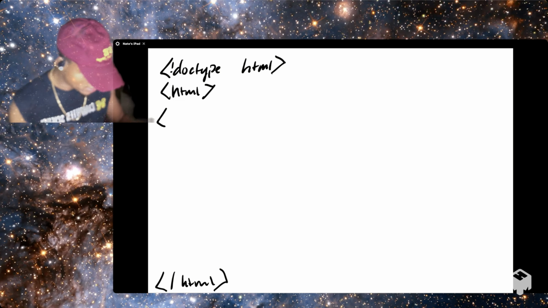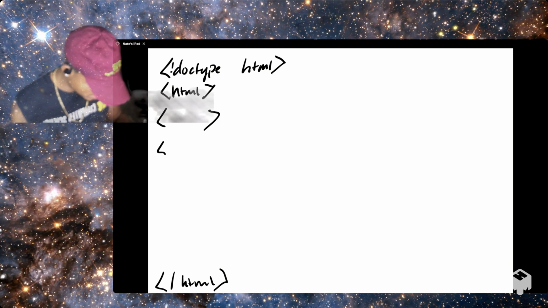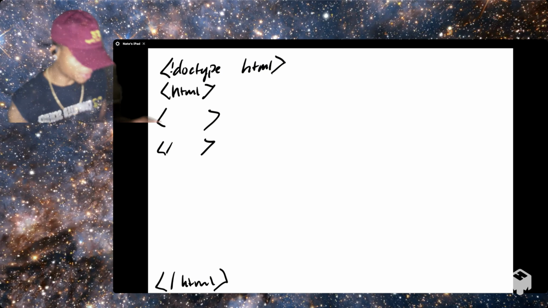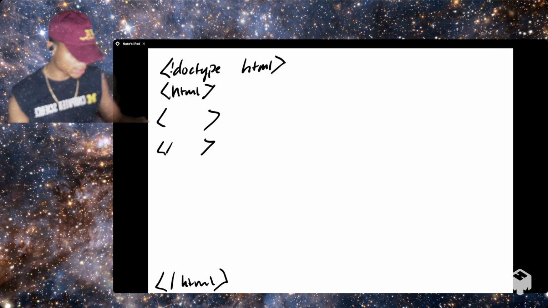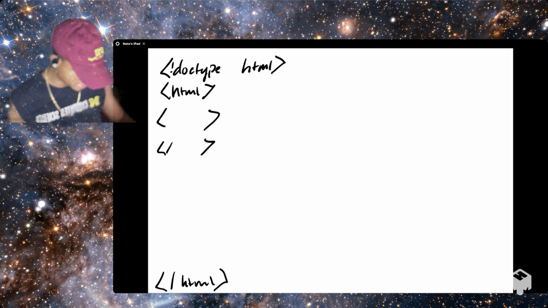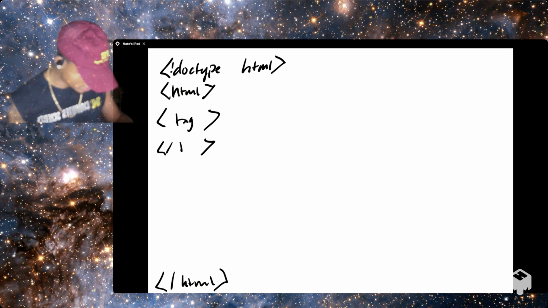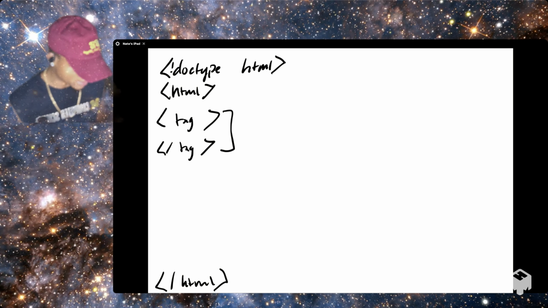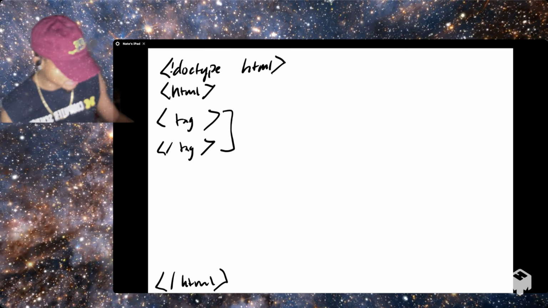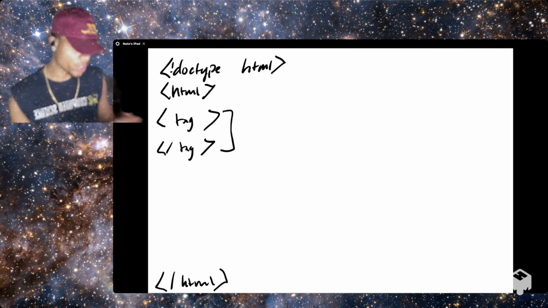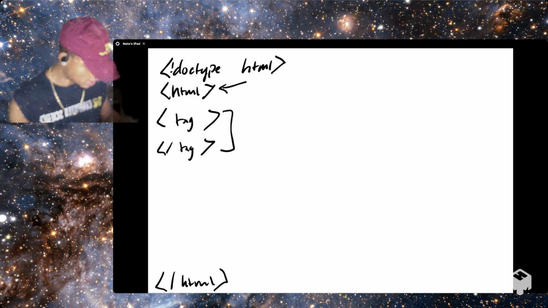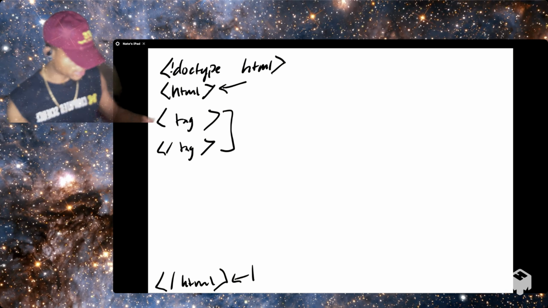I can write another tag right here and then close it off right here. Whatever this tag is, let's just call it tag for now, we know that this tag is inside the HTML because it comes between the opening and the closing one.